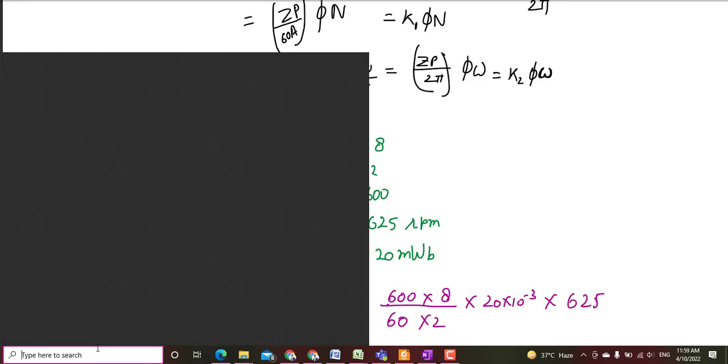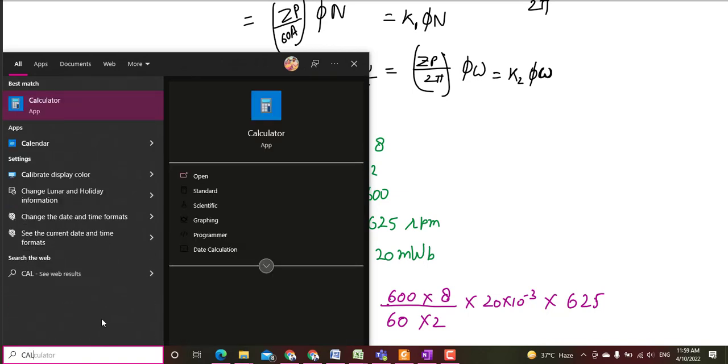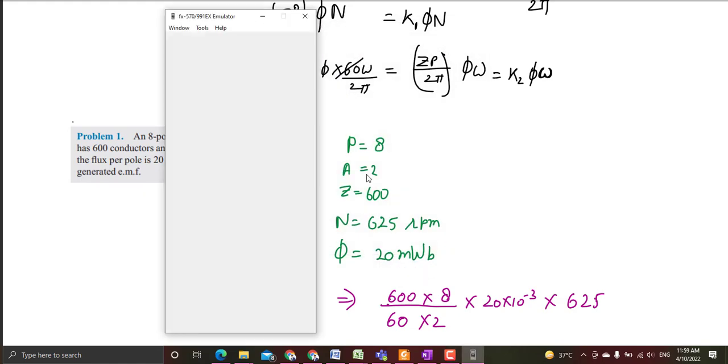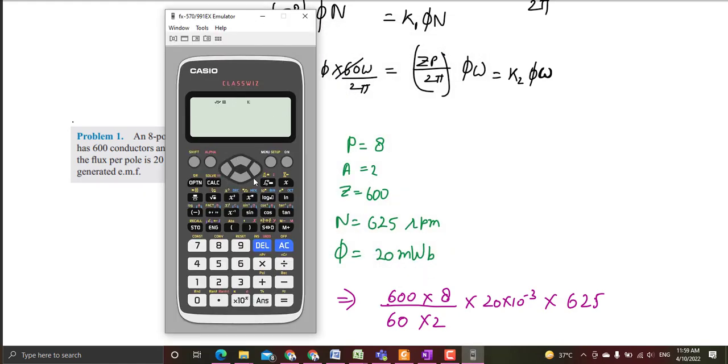So let us put these values in the calculator. 600 into 8 into 20 into 10 to the power minus 3 into 625, divided by 60 into 2.